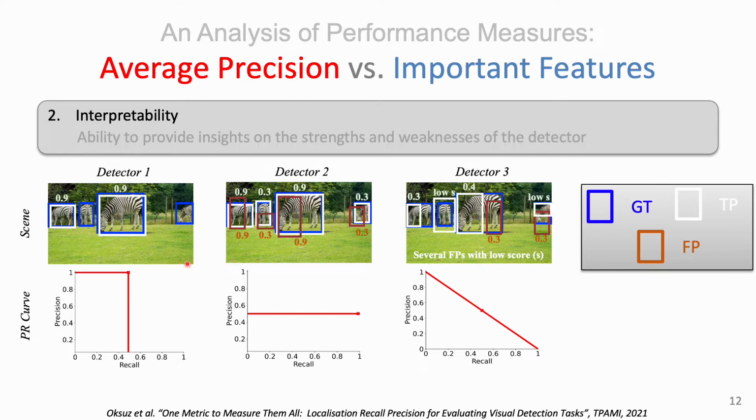We see that average precision provides the same performance of 0.5 for these very different performance behaviors. As such, users of these detectors would not have any idea about which parts of their detectors are failing and which parts are performing well. Therefore, we say that average precision does not satisfy the interpretability important feature.